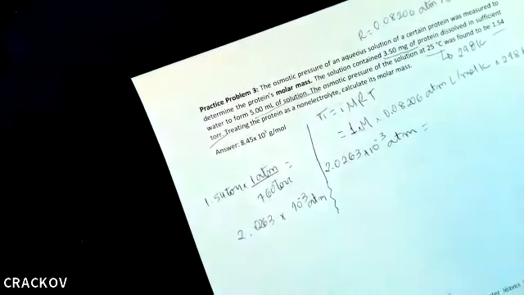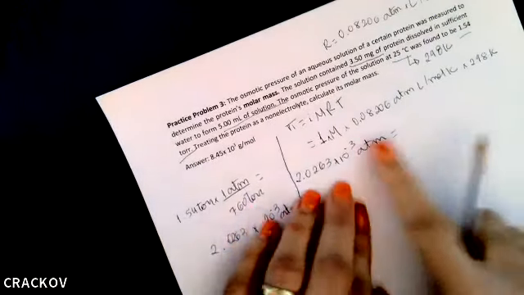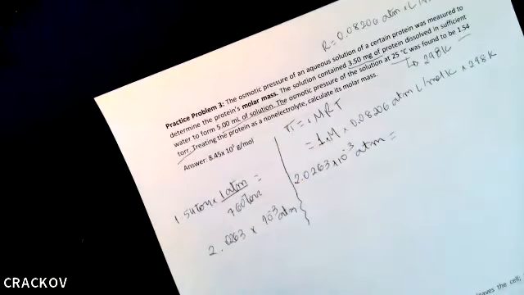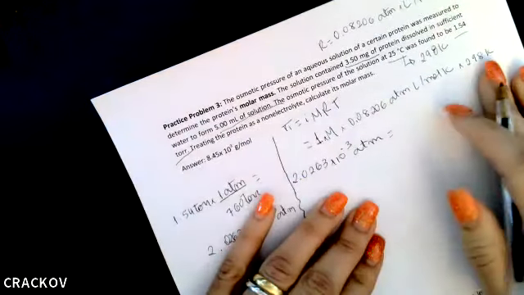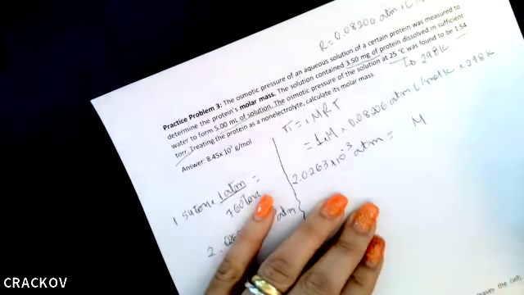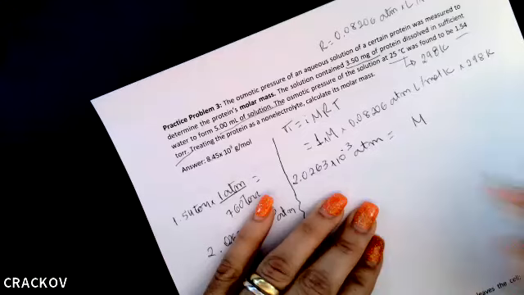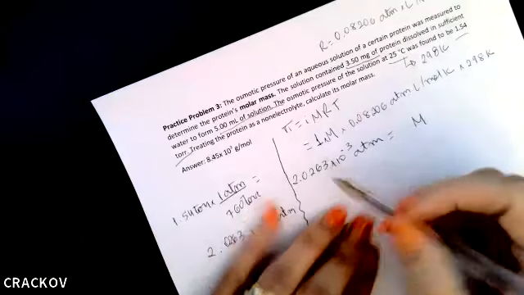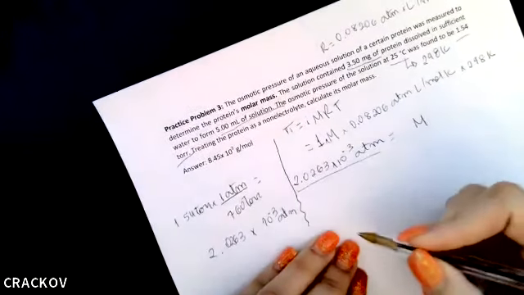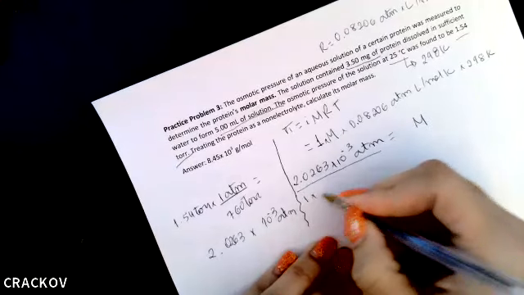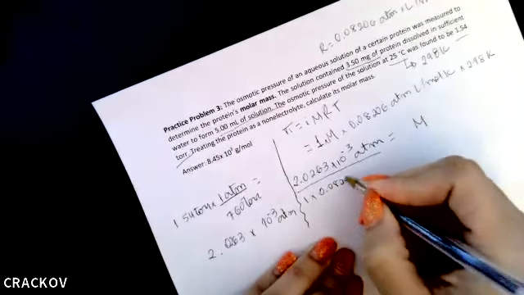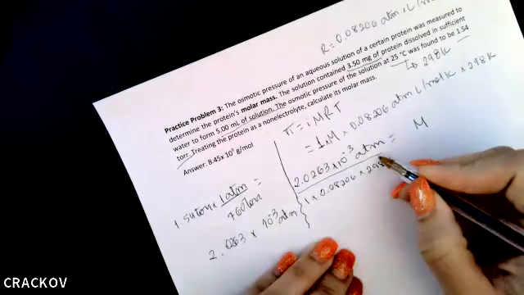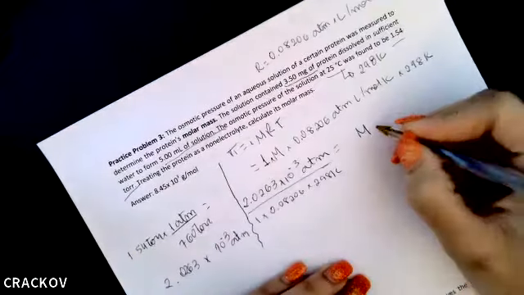So let's rearrange it here, because you want to find the only parameter that you don't have here, which is molarity, right? Molarity is your unknown. Everything else you have, so let's rearrange and divide by 1 times 0.08206 times 298 Kelvin. So how much is going to be your molarity?